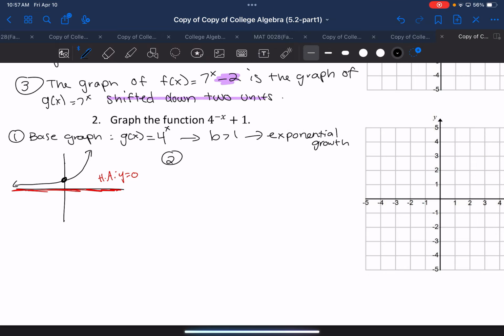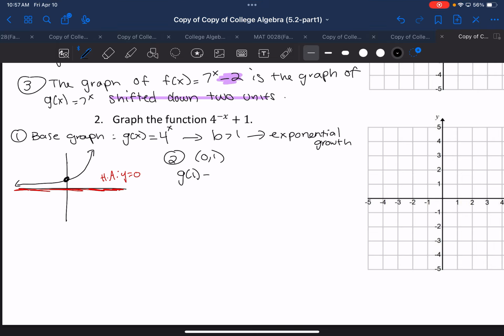So step 2 is to find 2 more points. So again, I already know that 0, 1 is on there. But I'm going to find g of 1, which is when I plug 1 into x. So that would just be 4 to the 1 power, which is 4. So that gave me the point 1, 4.